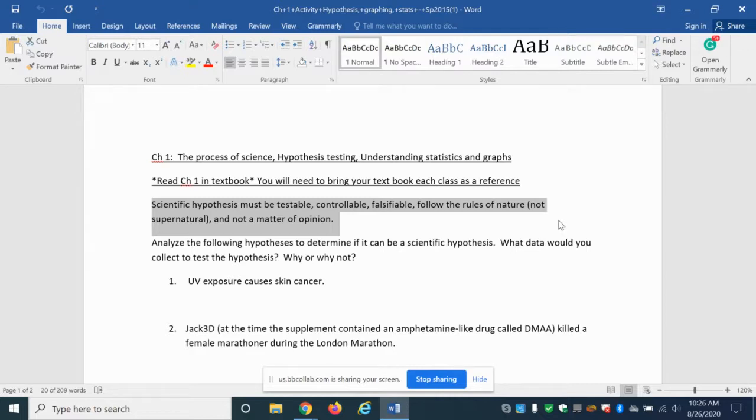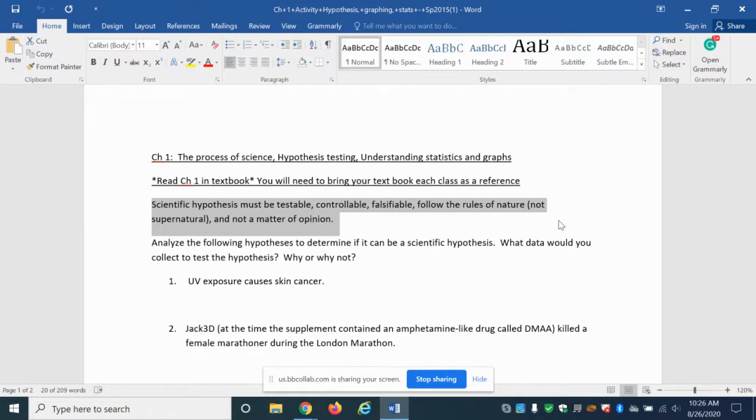So that means we have to be able to collect data on it. So if we cannot collect data on it in a way that is controllable, then that particular statement cannot be tested scientifically. It doesn't mean that it's not another way that we know things. It just means that we can't test it scientifically.